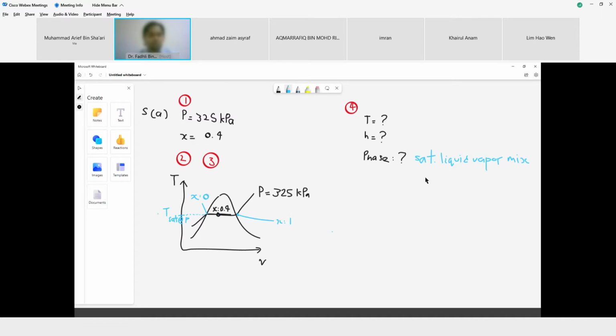So this is the temperature that we need to find. This T is equal to T saturation at the given pressure. The given pressure is 325.